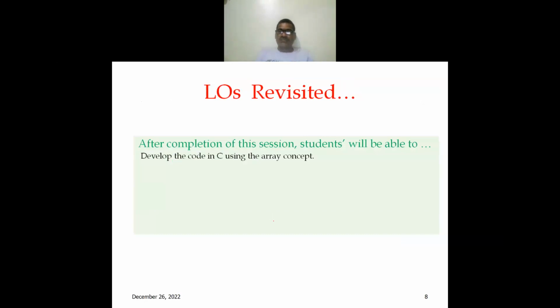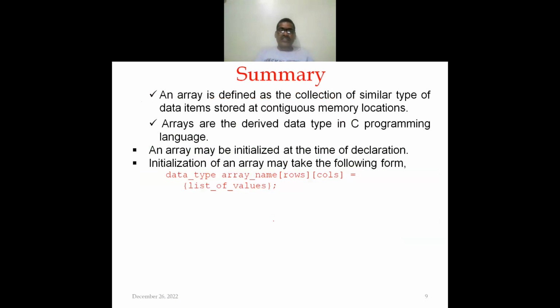After completion of this session, students will be able to develop the code using C language based on this two-dimensional array concept. So the summary of today's session is that we already defined that an array is a homogeneous collection of similar data type elements, and they are stored in contiguous memory locations, whether it is a 1D or 2D array. And arrays are basically derived data types, and an array may be initialized at the time of declaration itself.